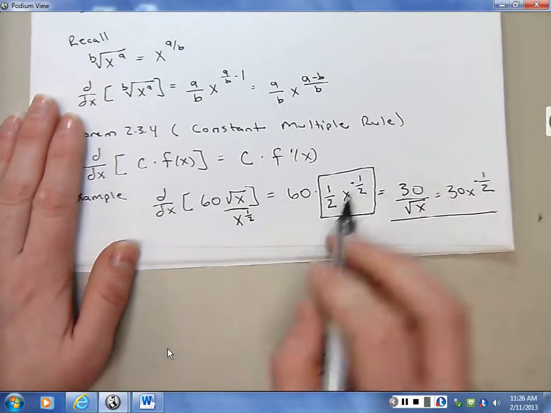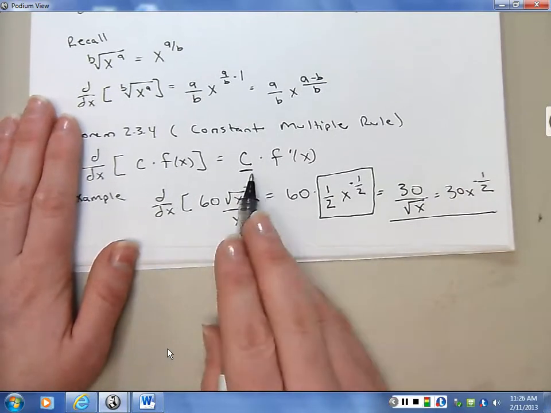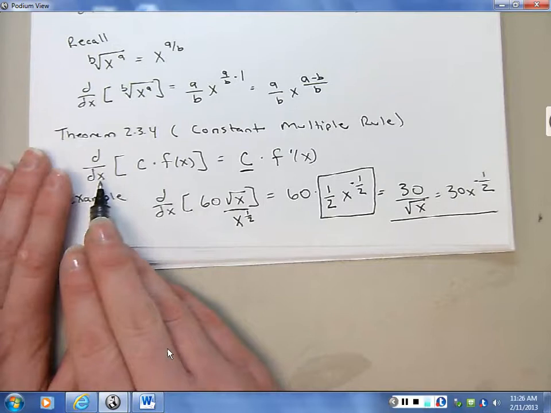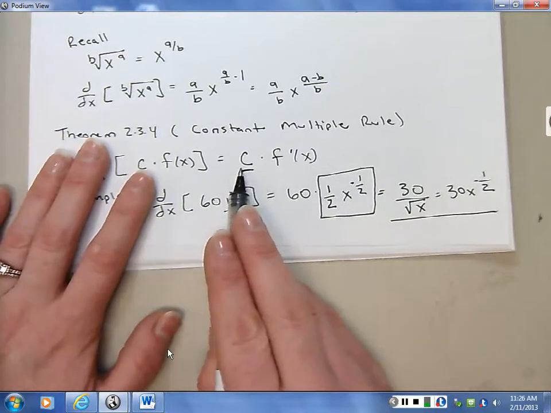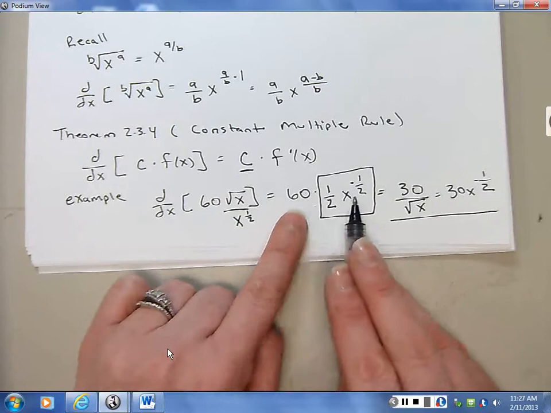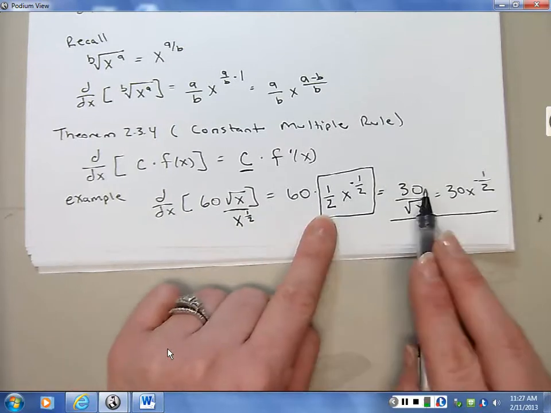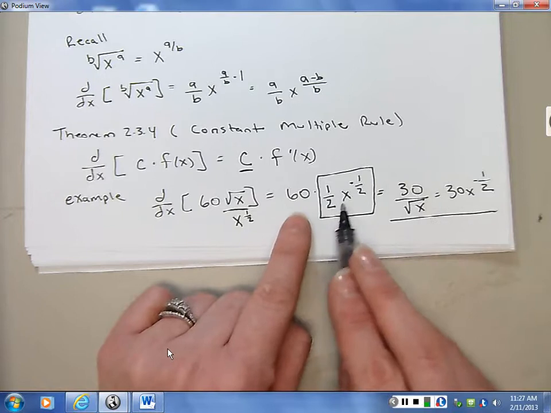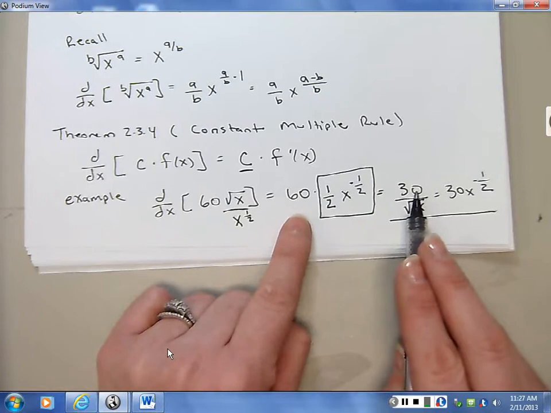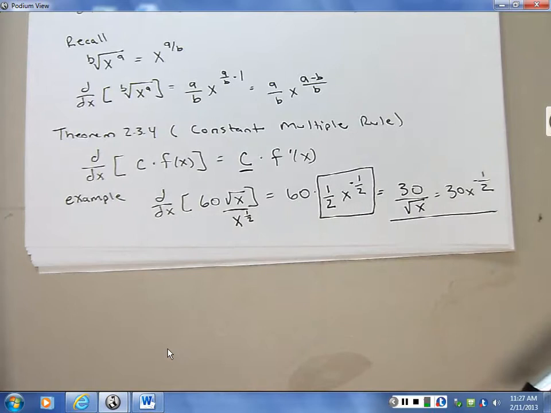So I leave the 60, this constant here. If you differentiate a constant times a function, it's a constant times the derivative of the function. So if I leave that constant there, and the derivative of x to the 1/2 is 1/2 x to the minus 1/2, then I can write that as 60 over 2, which is 30, and then x to the minus 1/2. Or I can write it as 30 over square root of x.